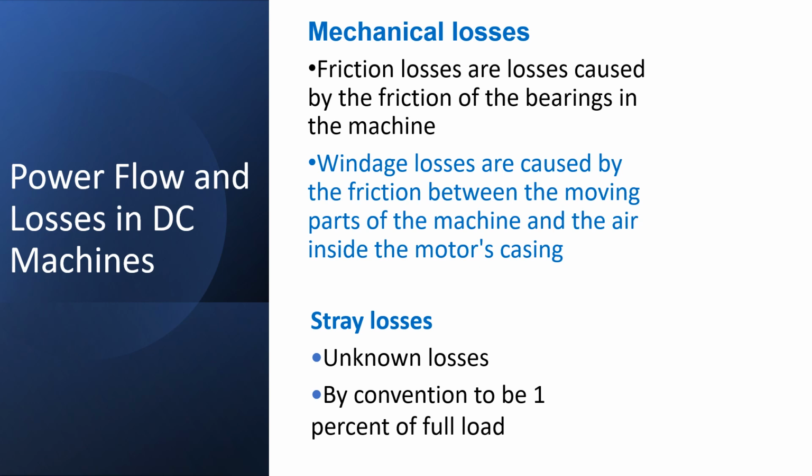Then mechanical losses: losses due to friction are caused by the friction of bearings in the machine. We also have windage losses caused by the friction between the moving parts of the machine and the air inside the motor casing. Then the stray losses are the unknown losses, which by convention are taken to be 1% of the full load.